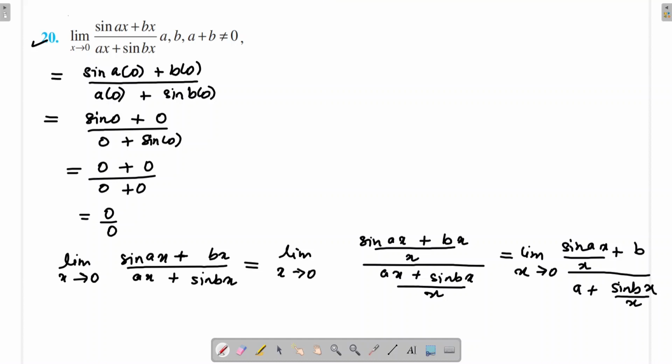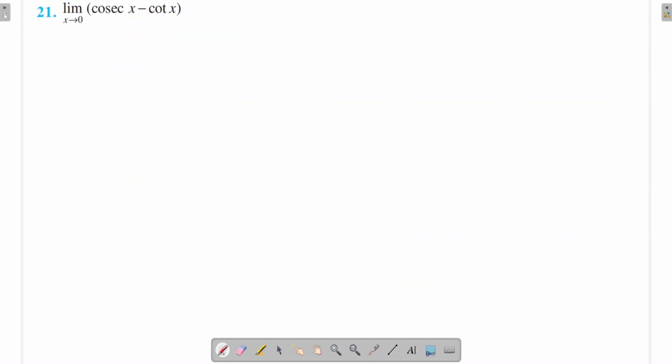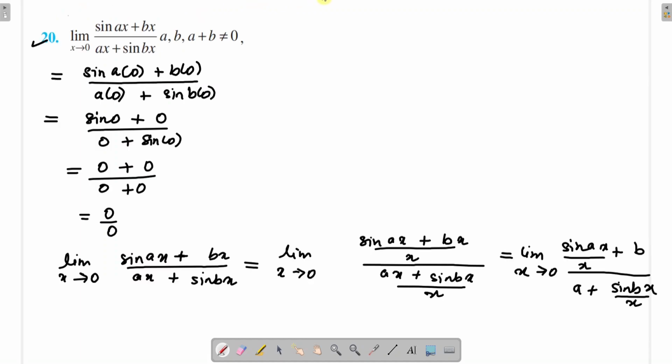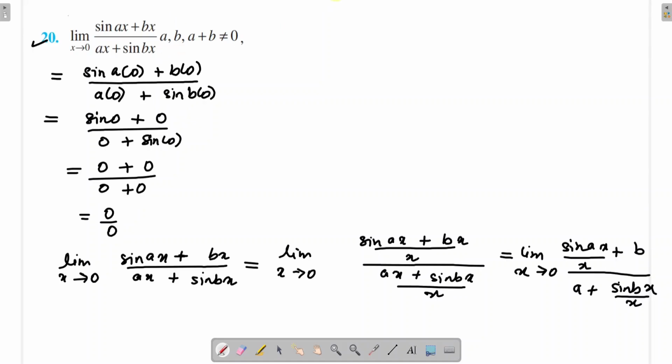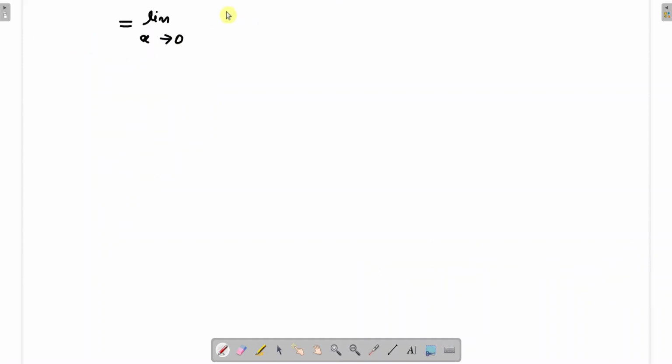Okay, so what you will get, this will be equal to, now still we have to simplify, still we have to manipulate the function sin ax divided by x. How to manipulate? So sin ax divided by x, you want ax, right? So we have to multiply and divide by a here in the denominator itself.